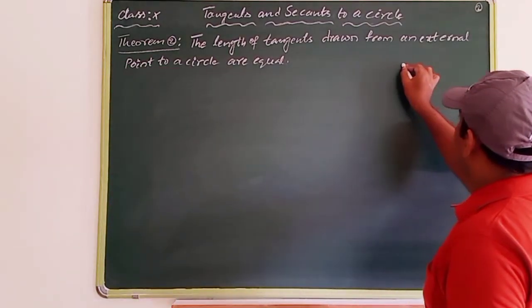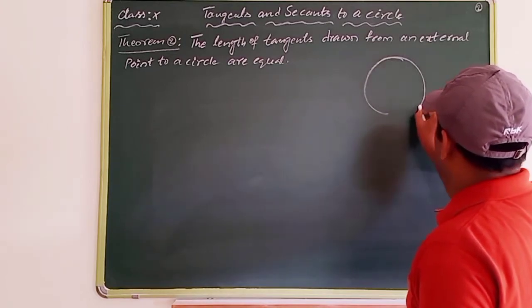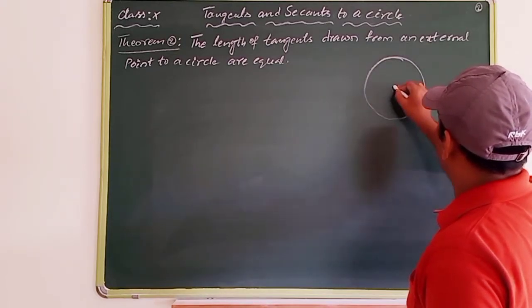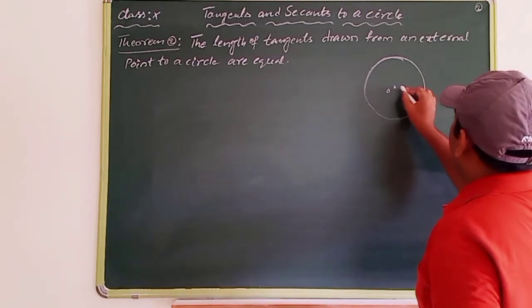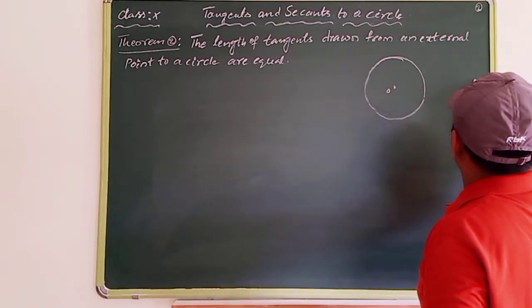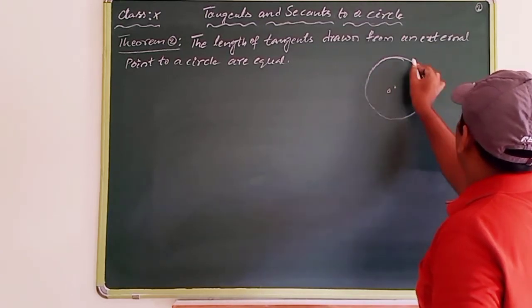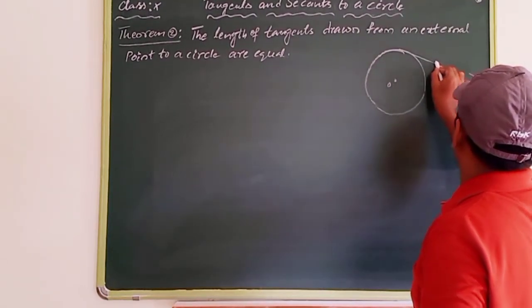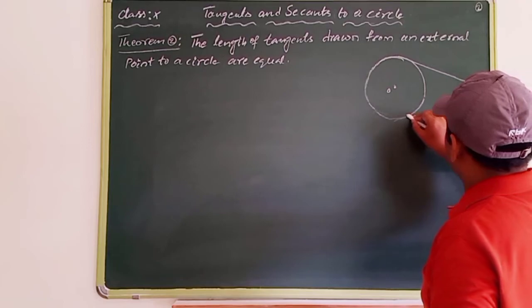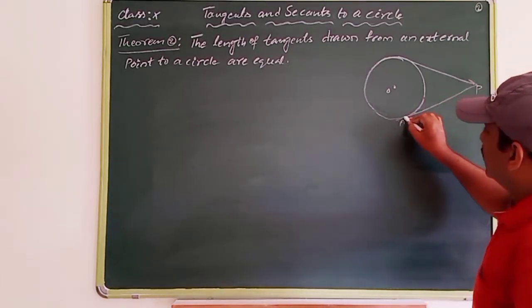Now I am going to take a circle with center O. If I take a point external to the circle, that point is P. From P we are drawing two tangents to the circle. Don't forget, while drawing, it should touch the circle at the point.